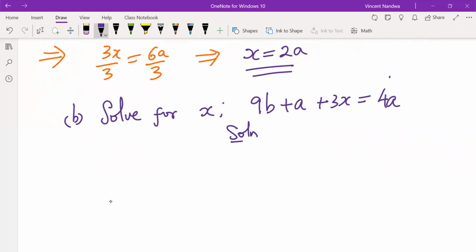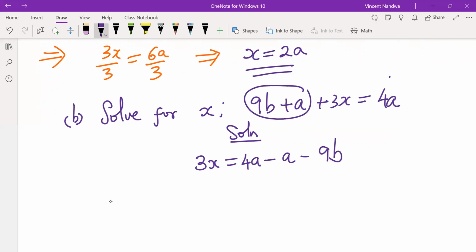So the solution will have 3x equals 4a minus a minus 9b. We're taking these two terms to the right-hand side. So this means that 3x equals 4a minus a, which is 3a, minus 9b.